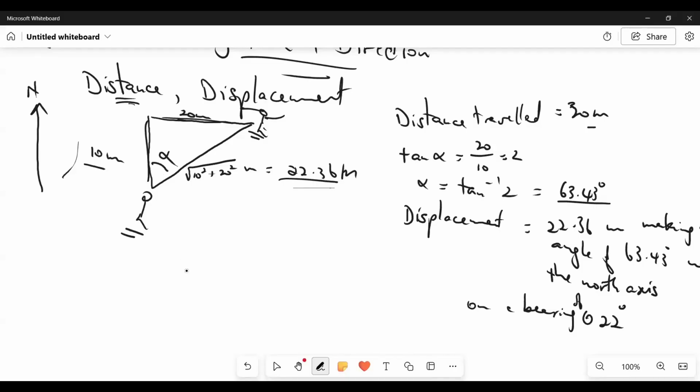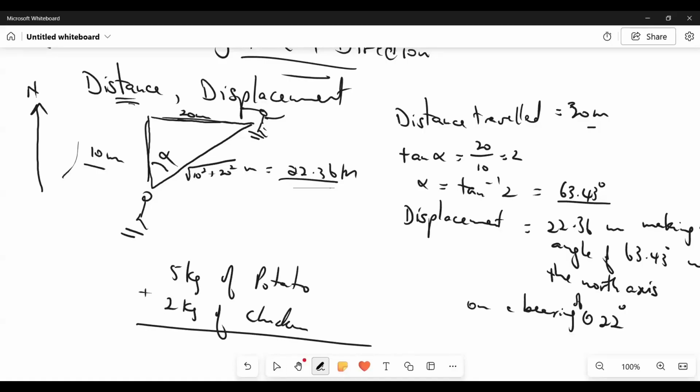If you buy 5 kilograms of potato, and you buy 2 kilograms of chicken, the total weight of your bag is going to be the sum of these two, right? 7 kilograms of groceries. You add them linearly. Very easy.